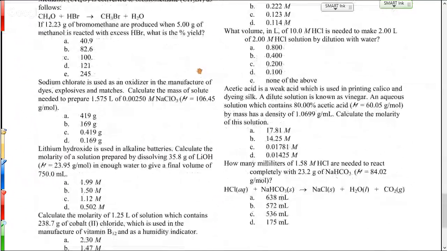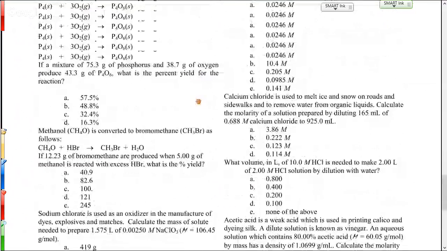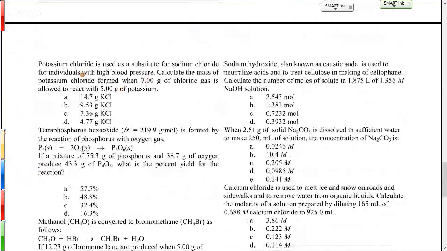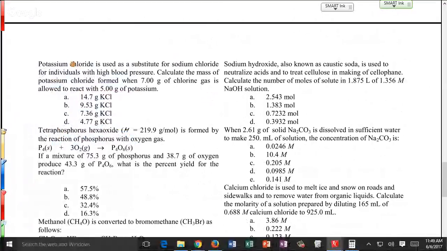These are all in grams, aren't they? All right, we'll work through one together. So we're going to look at this one, this top one on the page here.